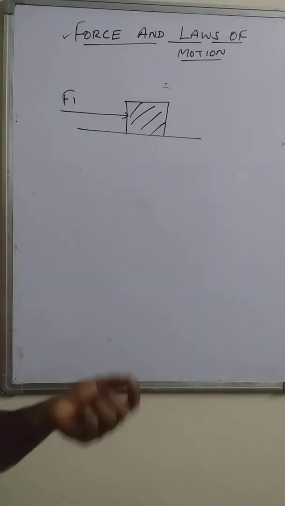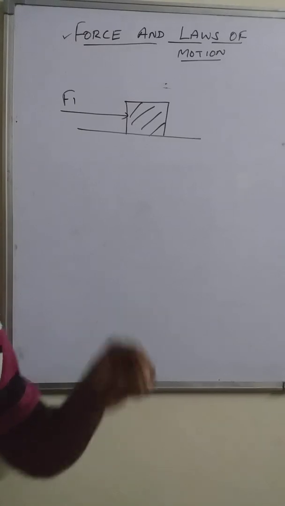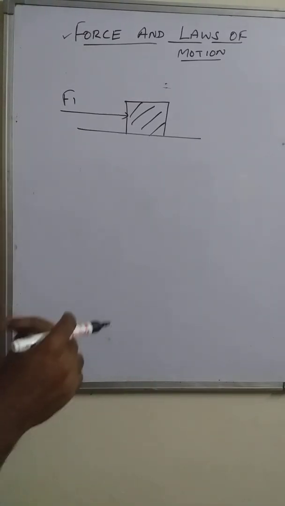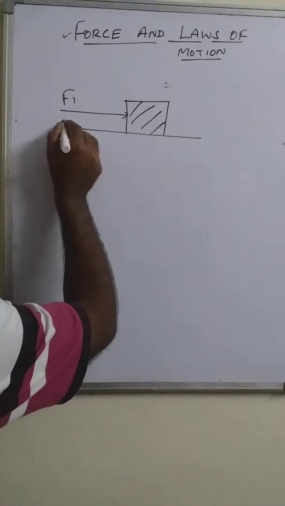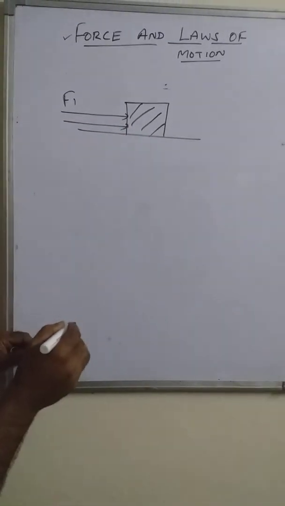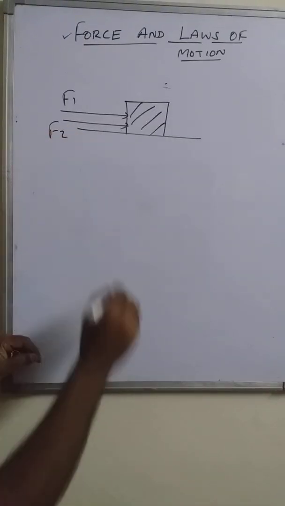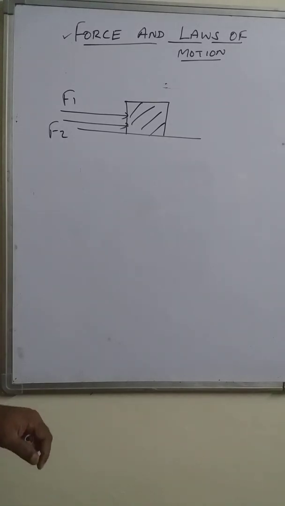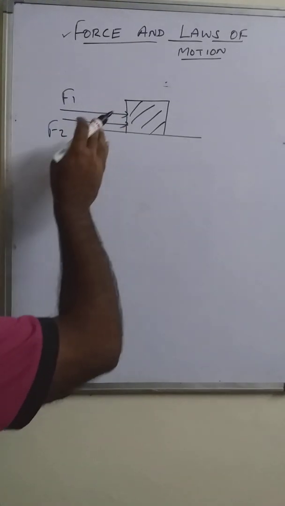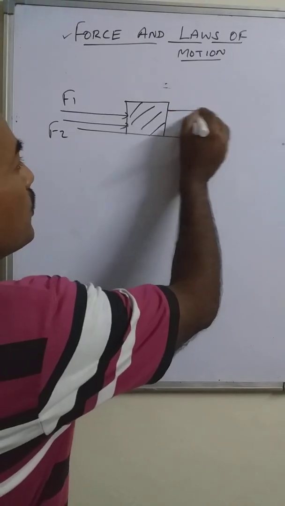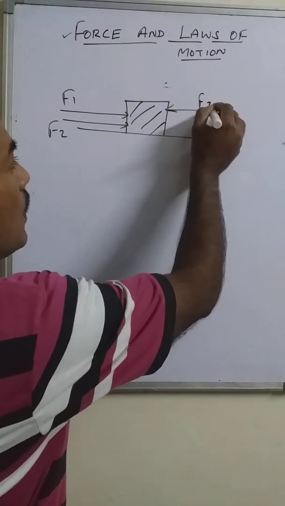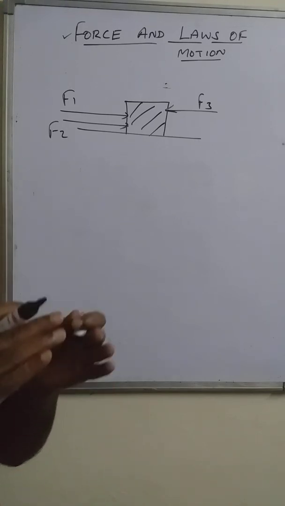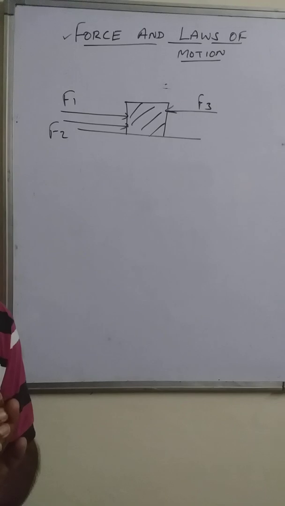Then more than one force can also be applied. The other force can also be applied on this object in the same direction. Let us take this as the second force. Then the third force can also be applied, and the third force may be applied from the same direction or in the opposite direction. So in this way, any number of forces can be applied on a single object.